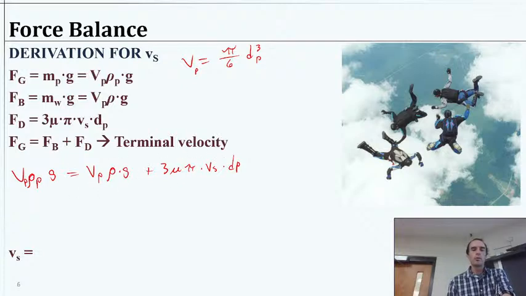I'll also just go ahead and rearrange a little bit. I'm going to put Vs on the left side times this 3 mu pi dp, just putting this on the other side, swapping them around. And I'm going to subtract this buoyant force from both sides, so that's going to be the force of gravity here minus the buoyant force here.